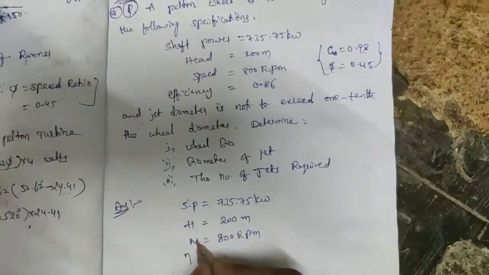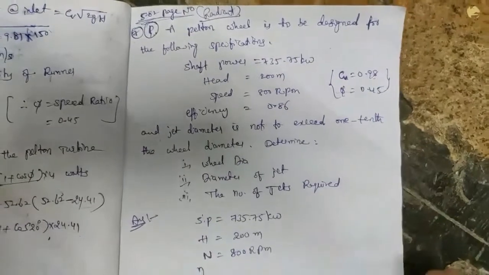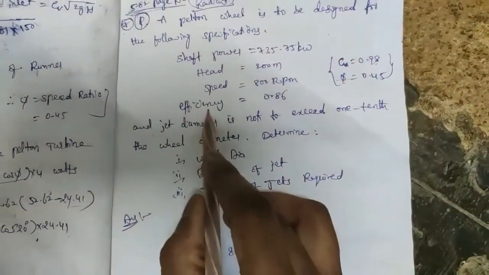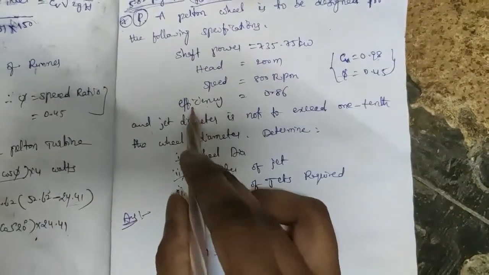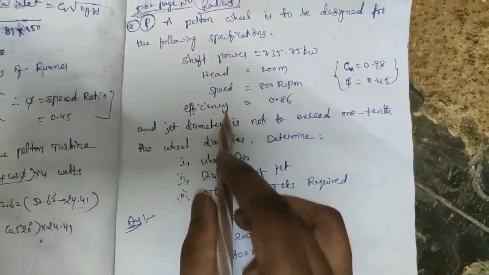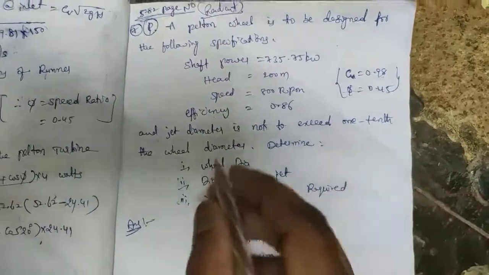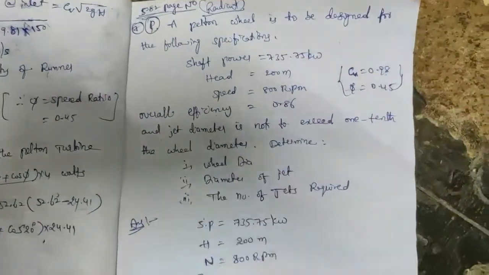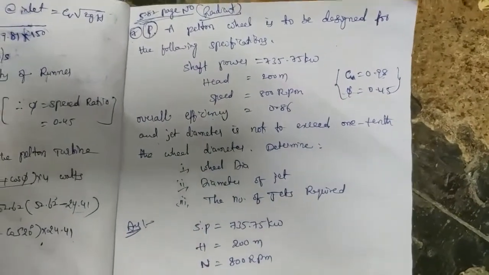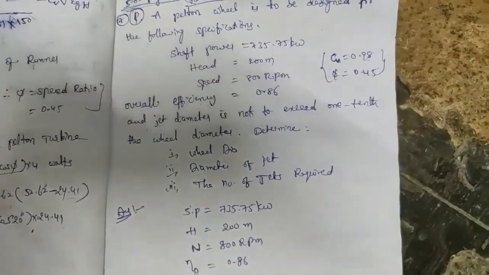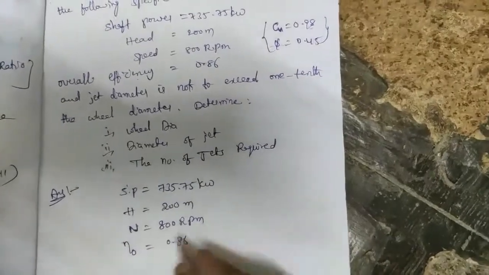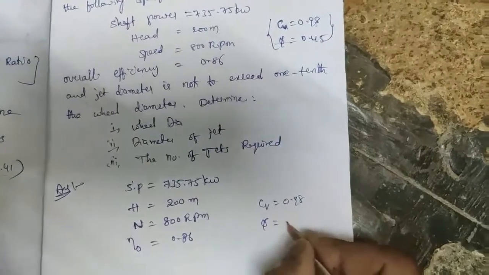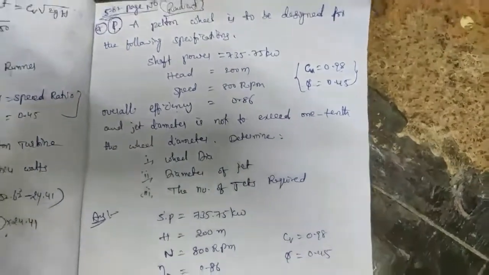Efficiency here means overall efficiency. In the textbook it is not given clearly, there is a printing mistake. That is overall efficiency 0.86, and CV 0.98 and speed ratio 0.45.